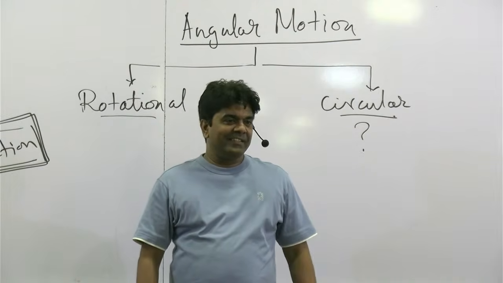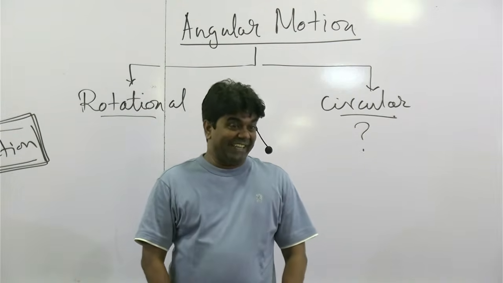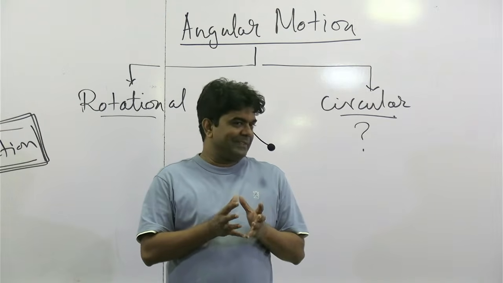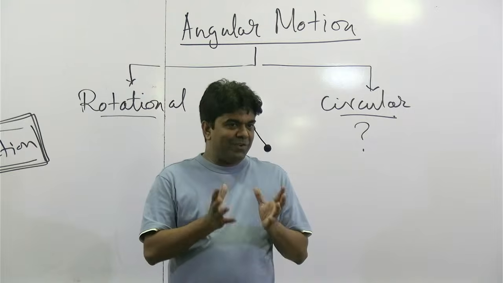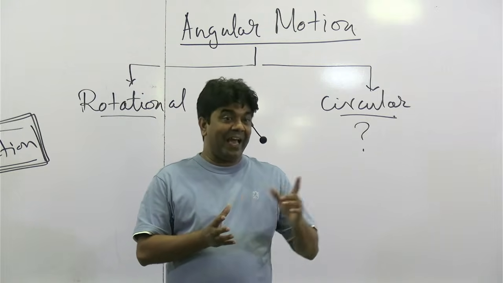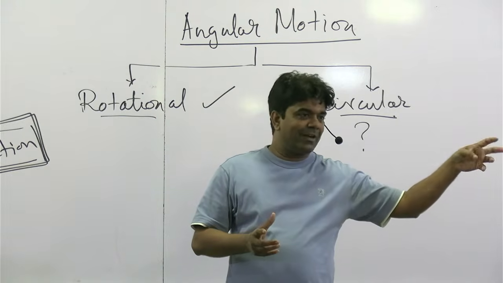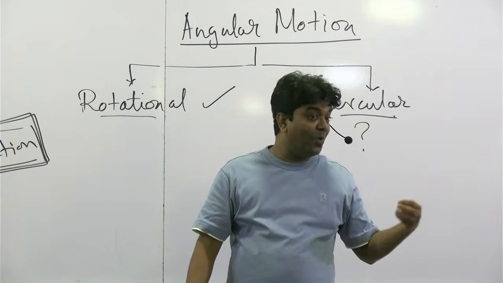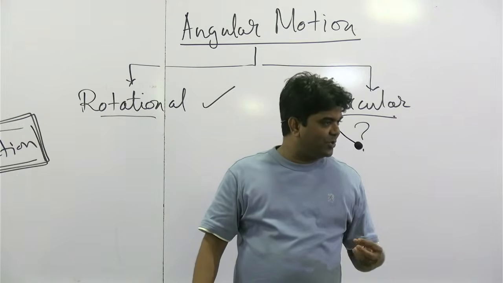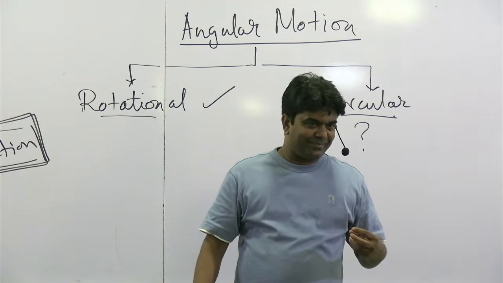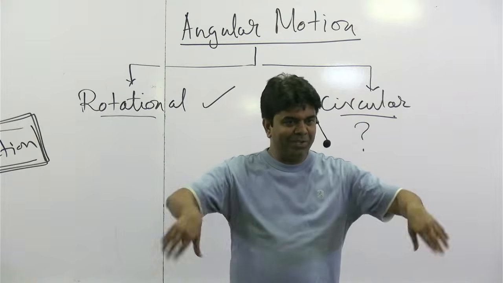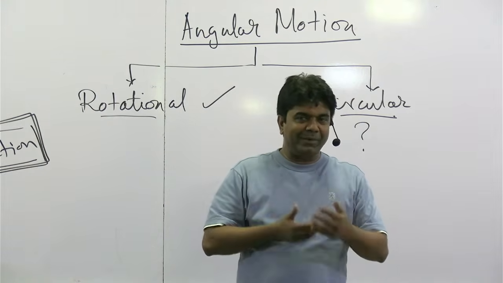Then what is centripetal force? It is a name we use when either a force, or a component of a force, or a combination of forces is used to produce or facilitate the circular motion.